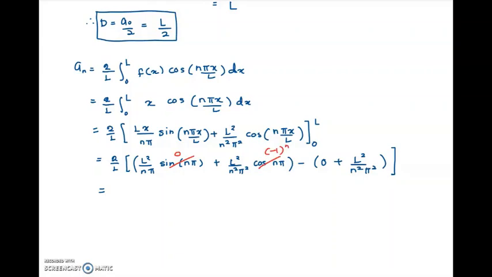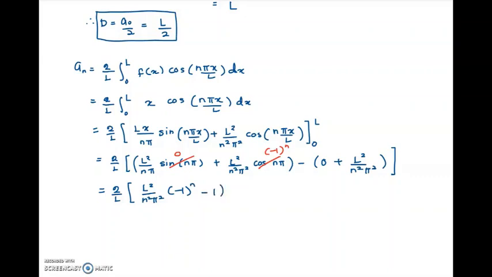So we can simplify an to be 2 over L. In the bracket we have L square over n square pi square, negative 1 power of n minus 1.